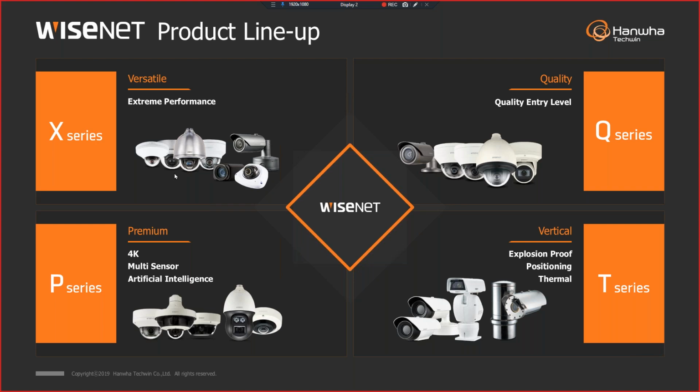And X series, we might have more options for 4K. We might have another low light series of 4K. We might have PTZ lenses of 4K. So we'll have probably more flexible models in 4K, stainless steel, transportation camera, long range PTZ camera, special long range IR cameras. We will have that in the X series.